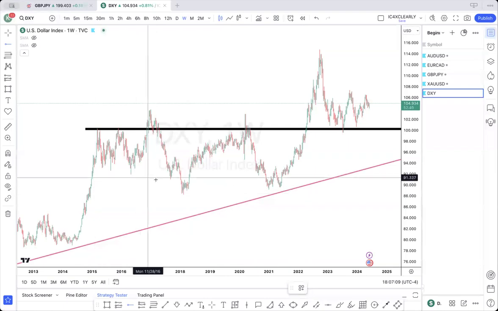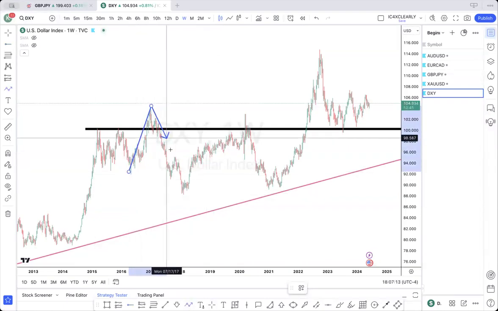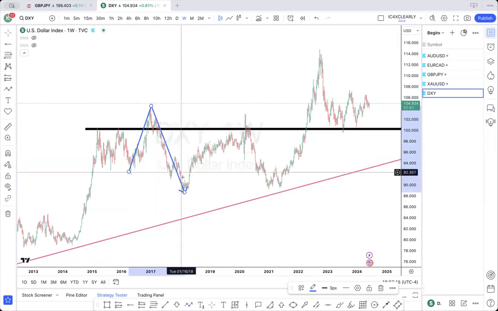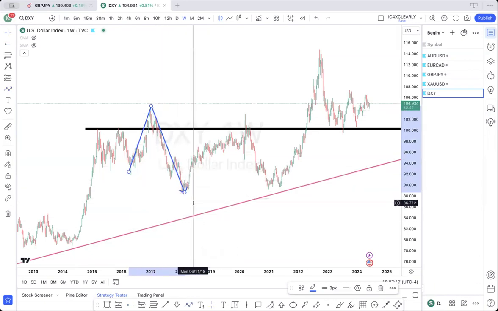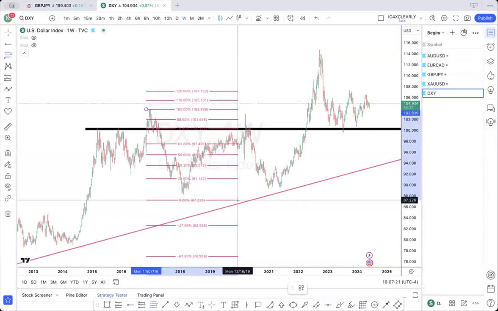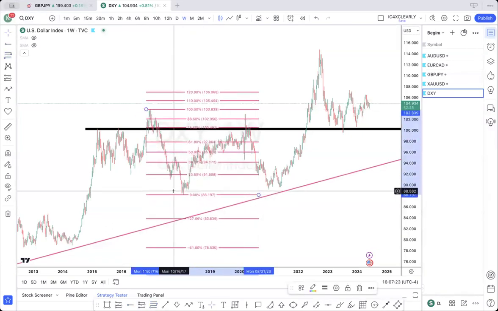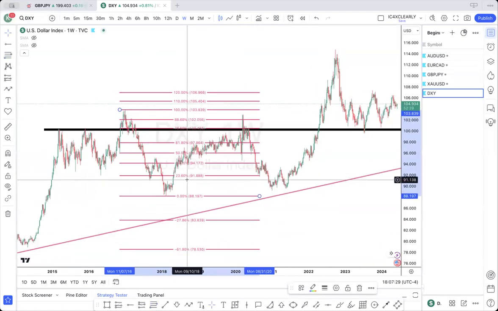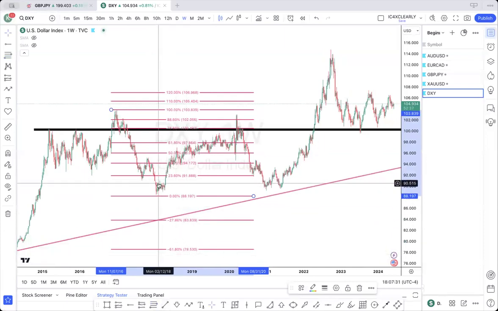If I'm looking over here, I look at my last swing, that would have been my last swing, right? Based on the last swing, price pulled back to the 88 and then sold back down pretty much to a demand zone, to this order block right here.